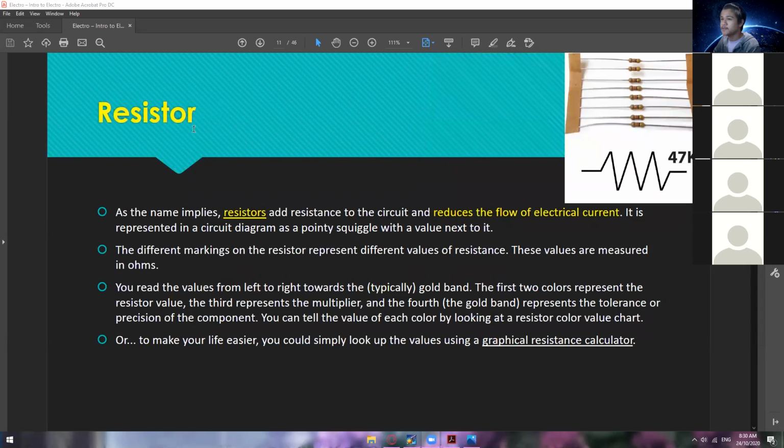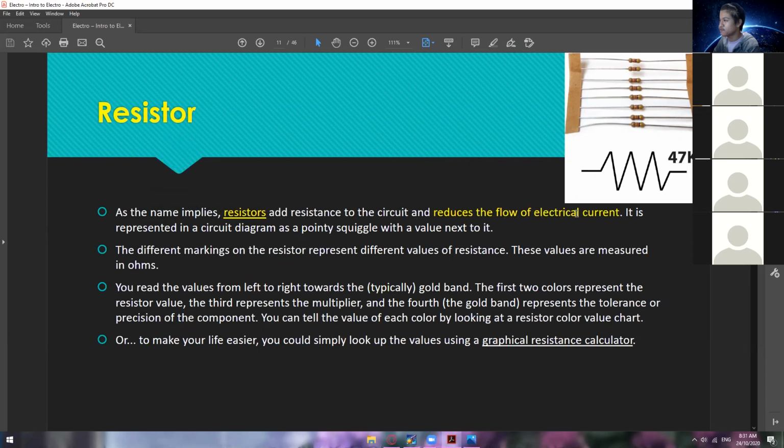First we have to discuss what a resistor is. It's the very first component that I learned when I was in college. It's also very obvious, because as its name implies, a resistor resists, or reduces, the flow of electrical current in that path or in that wire. It adds resistance to the circuit.